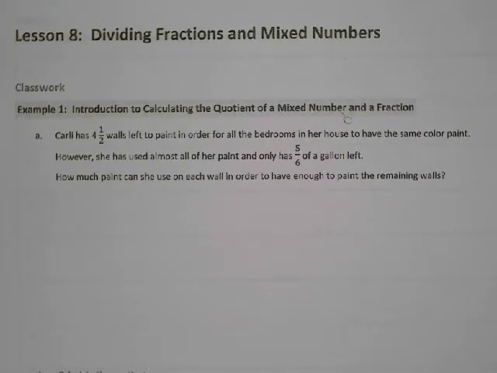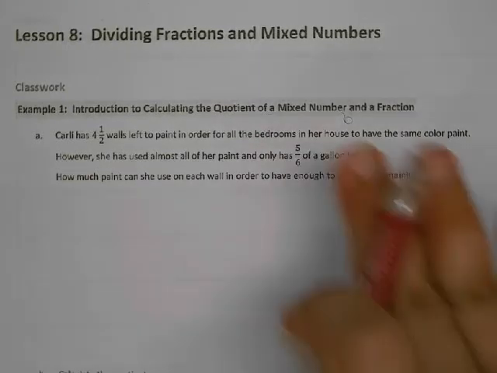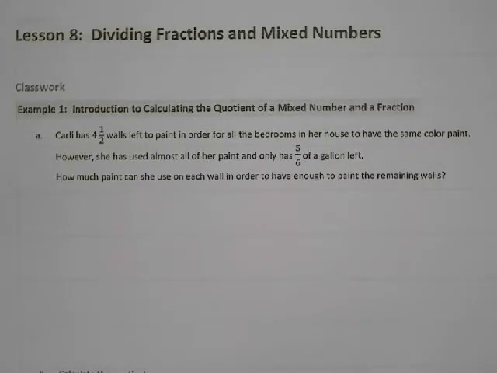So in number 1, it says, Carly has 4.5 walls left to paint in order for all the bedrooms in her house to have the same color of paint. However, she's used almost all of her paint and only has 5/6 of a gallon left. How much paint can she use on each wall to have enough paint for the remaining walls?